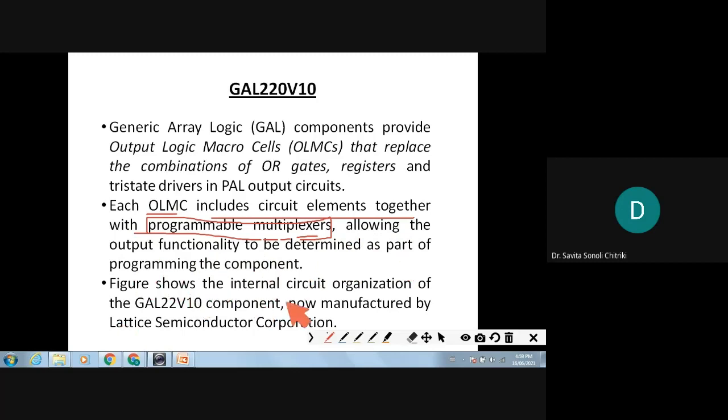The figure shows the internal circuit organization of the GAL22V10 component, now manufactured by Lattice Semiconductor Corporation.